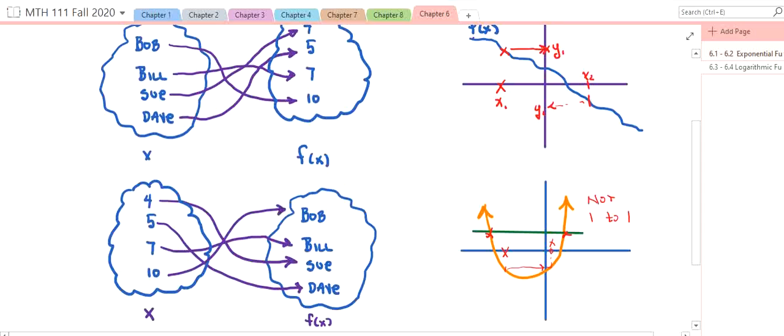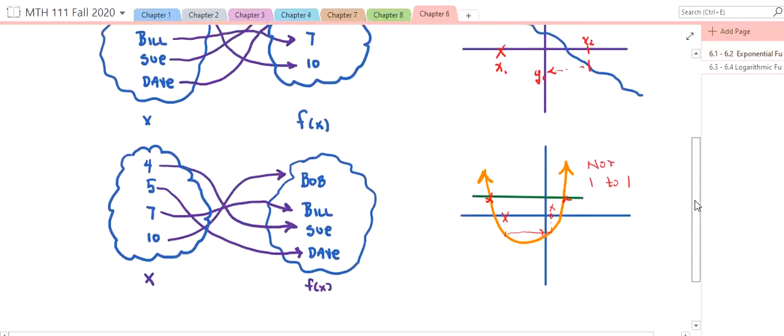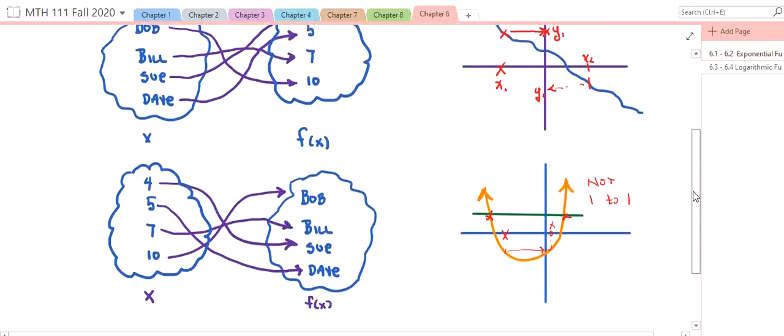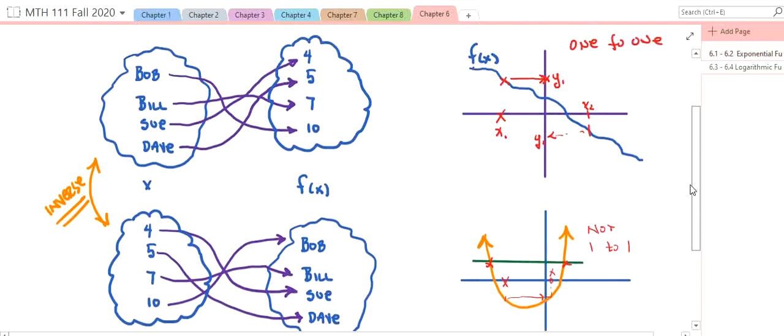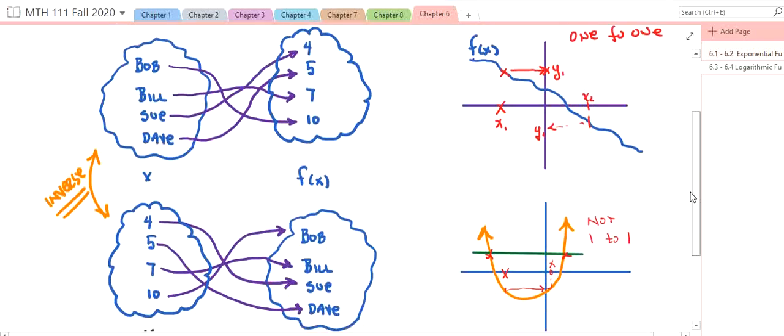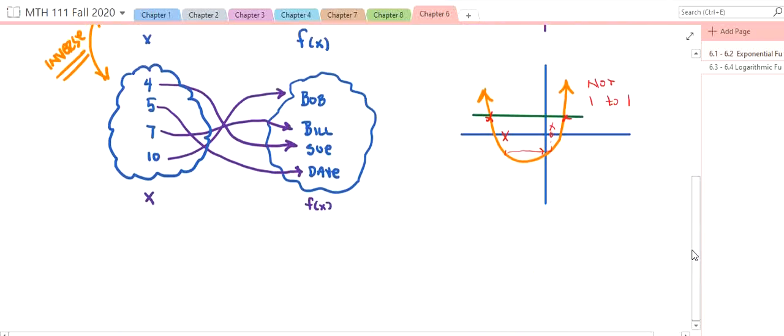All right? So it's still one-to-one, but now we say that these functions are inverses of each other. So whenever you have a one-to-one function, you can flip it and get its inverse.